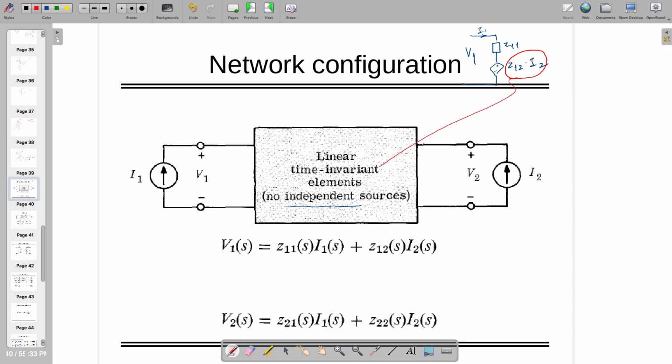So this dependent source is allowed here, by the way. Independent sources which come from a function generator or power supply are not allowed, but dependent sources are allowed. So if there is a transistor, you can model it using Z parameter, Y parameter, and you can keep it here. This is again what we have done, just the Laplace operator has been added, and that has been kept in the bracket.